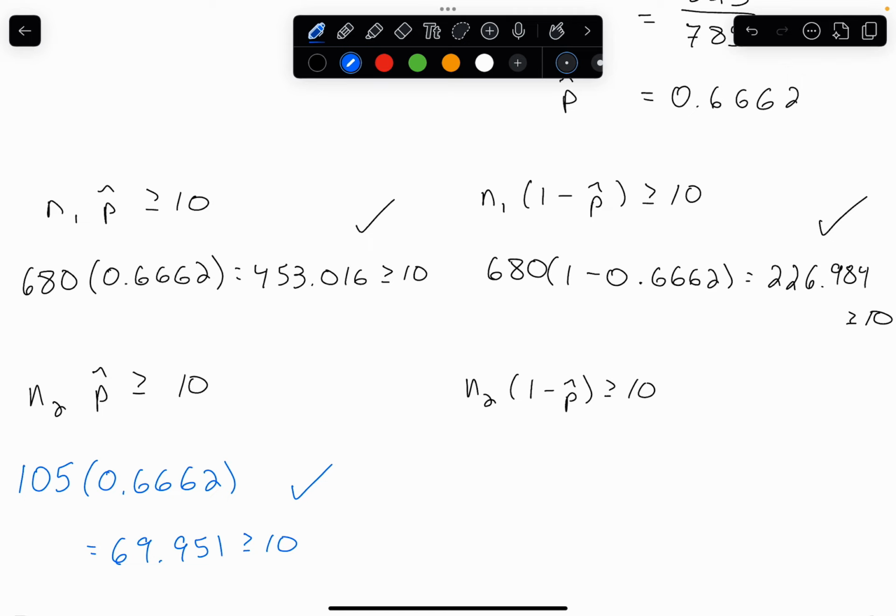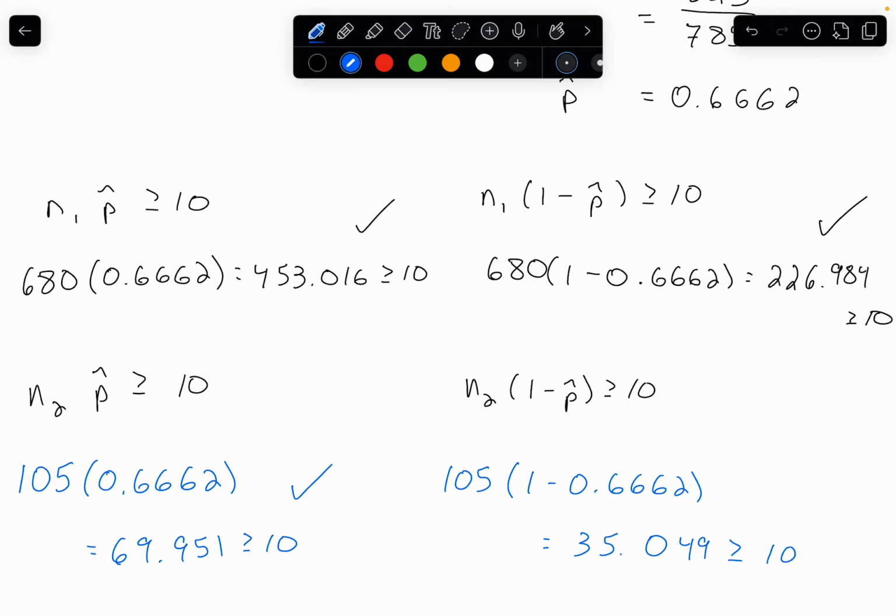And then N2, which is 105 once again, this time times 1 minus p-hat, 0.6662. If I do 105 times 1 minus 0.6662, I end up with 35.049. That is greater than or equal to 10. So yes, we've met all 4 of our conditions here.